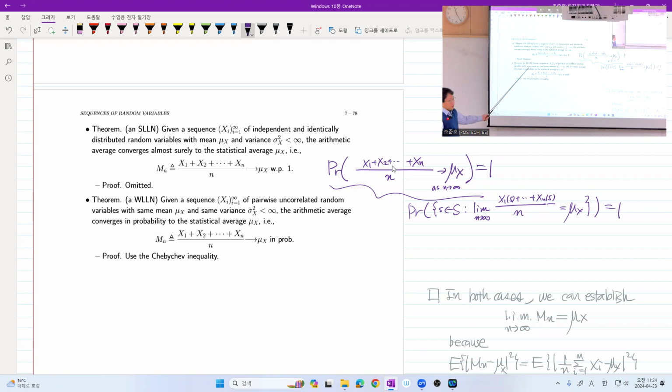Second one is the weak law of large numbers, where we prove the convergence in probability. What does that mean? That means for every epsilon positive, your sequence of probabilities converges to 0 or converges to 1 as you choose the event.